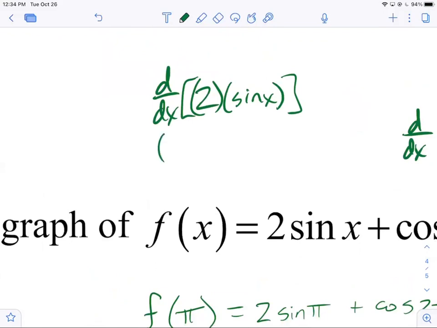The derivative of 2 is 0 times sine of x goes along for the ride, plus 2 goes along for the ride times the derivative of sine, which is cosine. That's fine. If you want to do the product rule, that whole first term is going to go away and you're going to be left with 2 cosine of x. So moving forward, I would recommend just treating constant multiples as riders. They're there in the beginning, they're there in the end, they go along for the ride, okay?